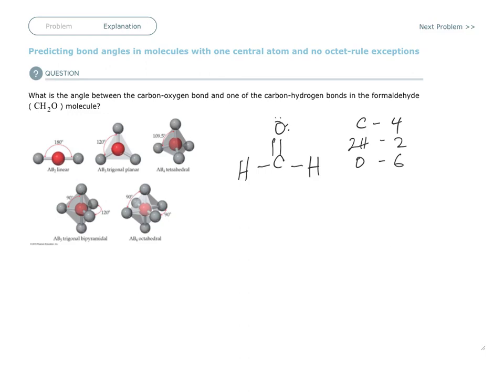All right, so I'm wanting to know what are the angles. I'm asked to find the angle between the oxygen-carbon and the carbon-hydrogen. So I want this angle right here.